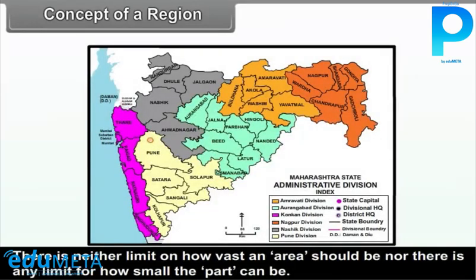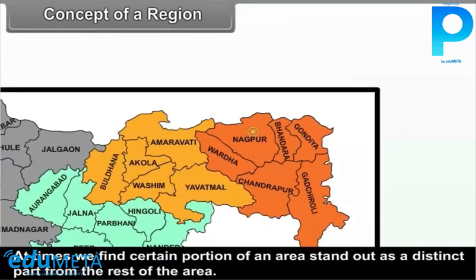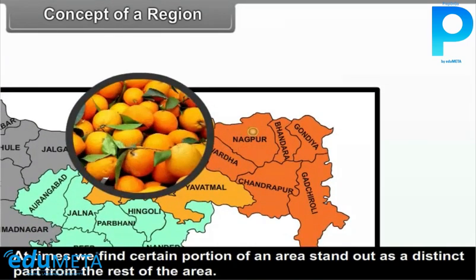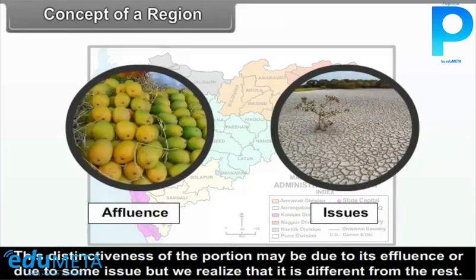There is neither any limit on how vast an area should be, nor any limit on how small the part can be. At times, we find a certain portion of an area stands out as a distinct part from the rest of the area. This distinctiveness of the portion may be due to its affluence or due to some issue, but we realize that it is different from the rest.